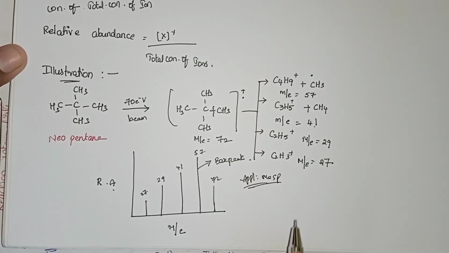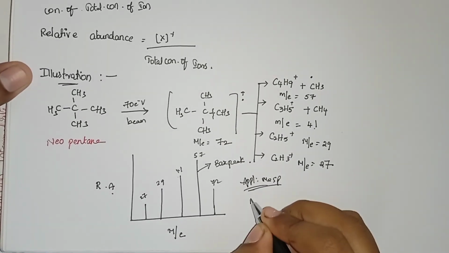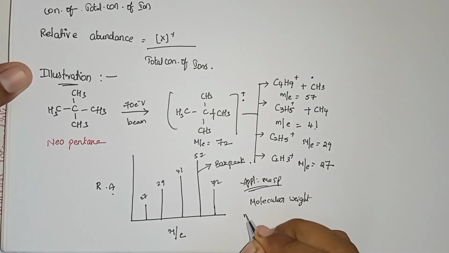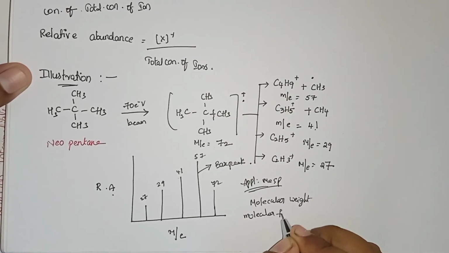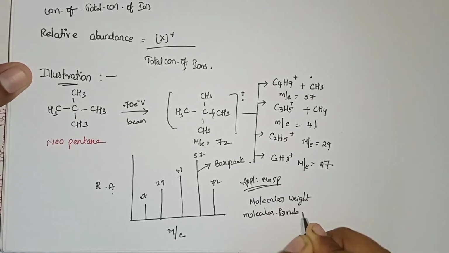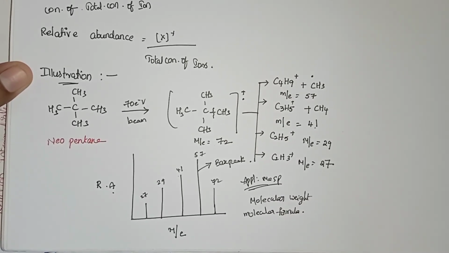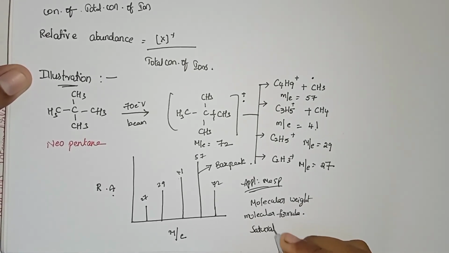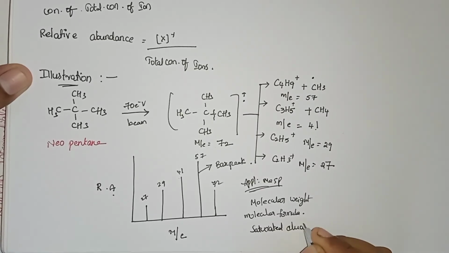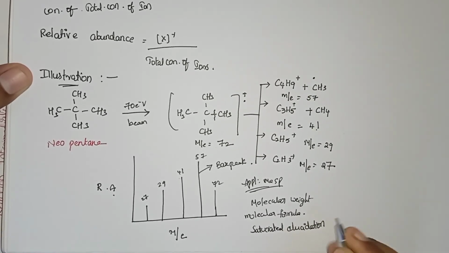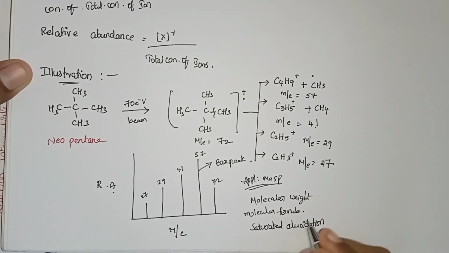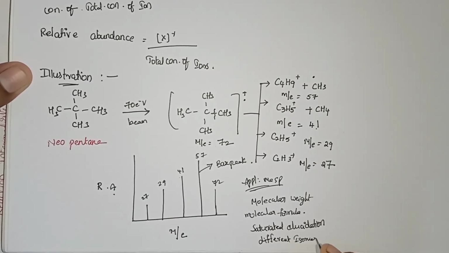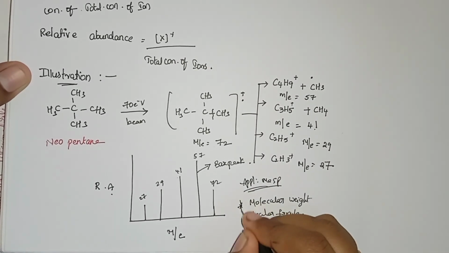It is used to determine the molecular weight and molecular formula of a compound, for structure elucidation of molecules, and to distinguish different isomers. These are the applications of mass spectrometry.